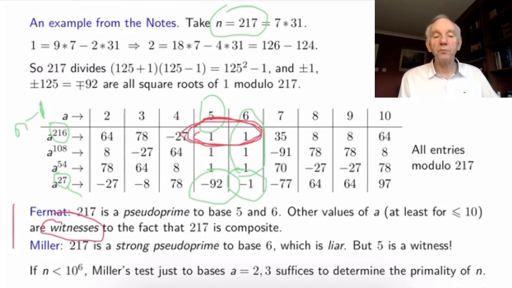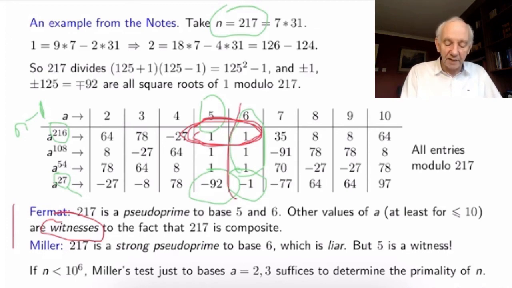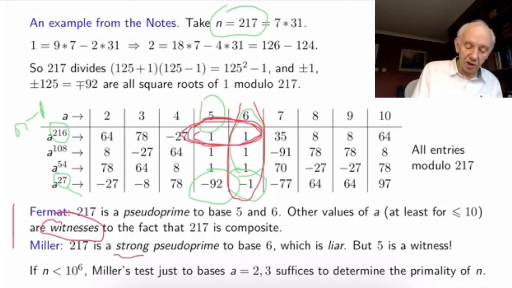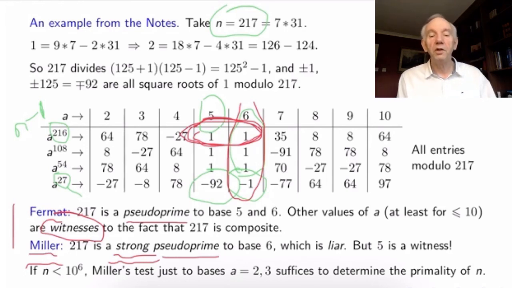On the other hand, as far as Miller's test is concerned, 217 passes Miller's test to base 6. So it really does behave as if it's a prime number, not just in the first row, but in all the rows. So we say it's a strong pseudo-prime. Strong refers to Miller's test, whereas the word pseudo-prime on its own refers to Fermat. So 217 is a strong pseudo-prime to base 6, not to base 2 or 3 or 4, but to base 6.